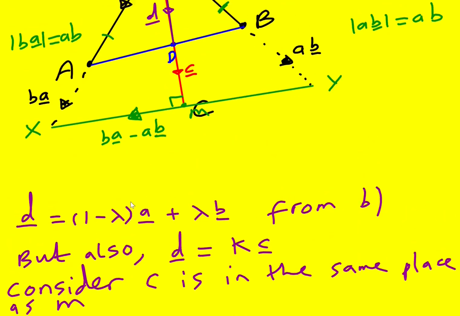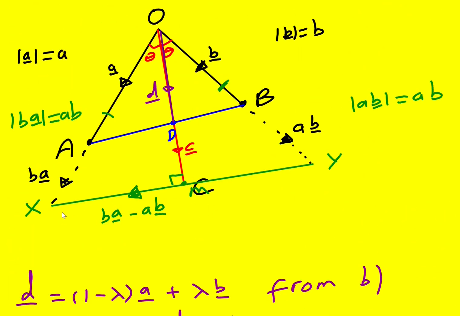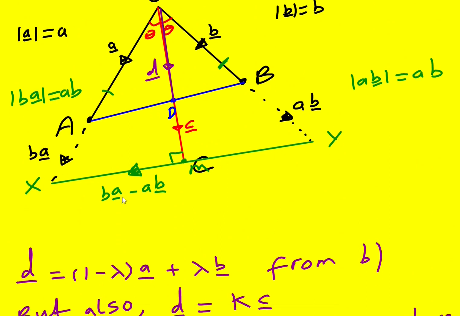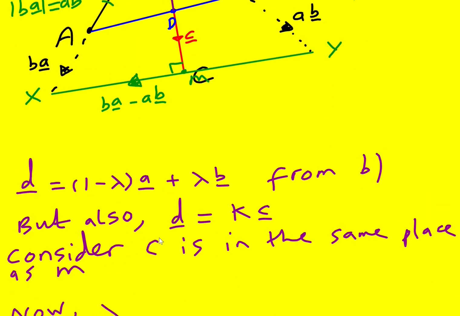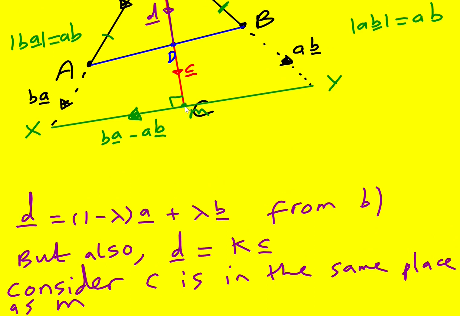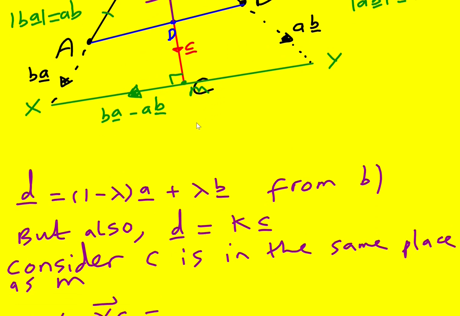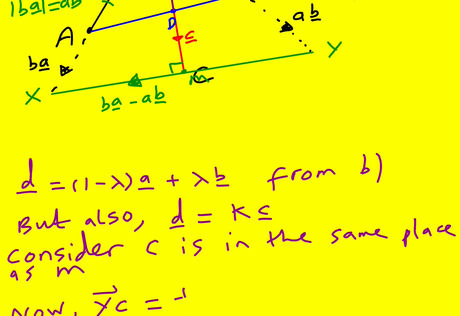Now we have XY here. So that means I've got XM or XC. Oh, sorry, it's going the opposite direction, isn't it? I've got YC, because this is the midpoint, because remember we split an isosceles triangle into two, because it's 90 degrees. Then YC is going to be a half BA minus AB.